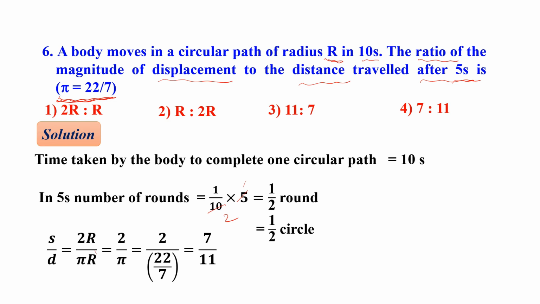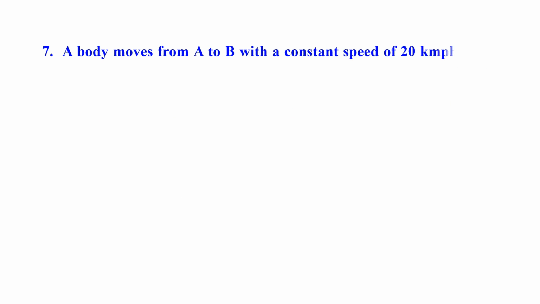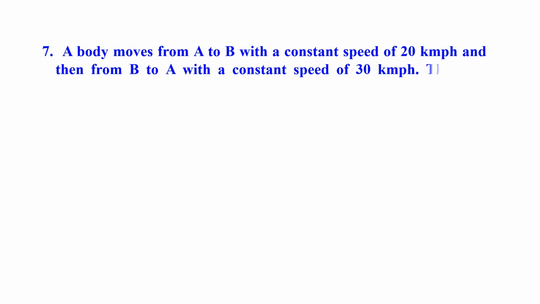Here r gets cancelled. 2 by pi. Pi they have given as 22 by 7. So 2 ones, 2 elevens. So 7 by 11. That is 7 is to 11. Fourth option is correct.